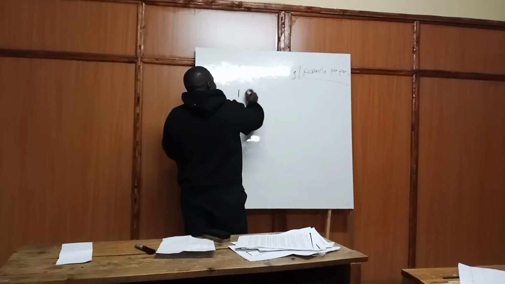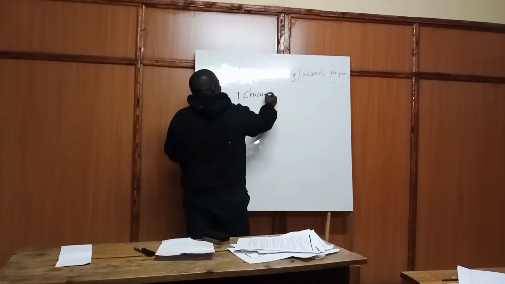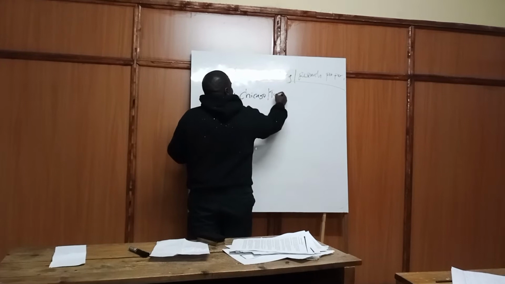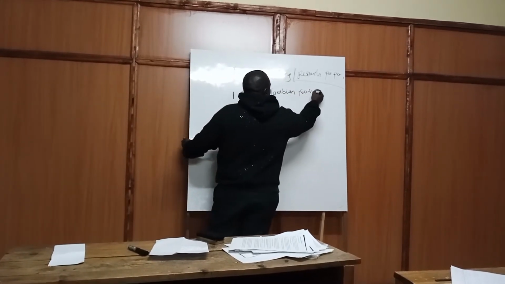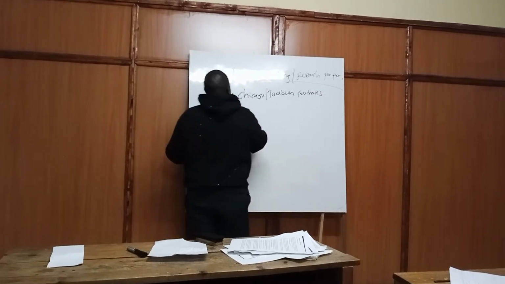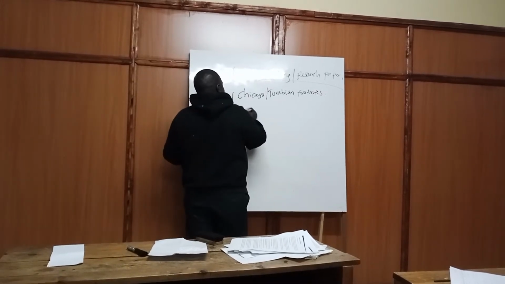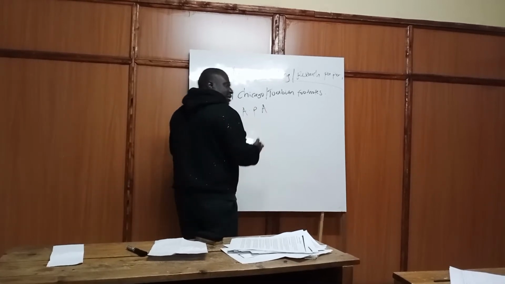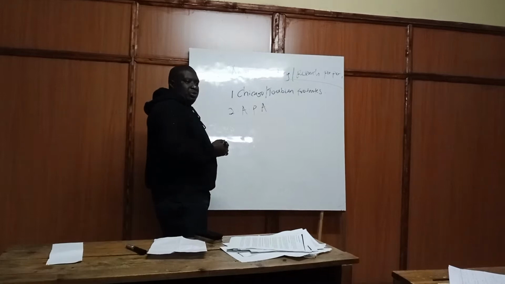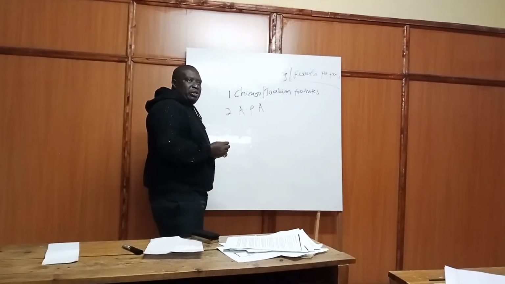Number one, there is the Chicago Turabian footnotes. And number two, there is APA, in-text citations.